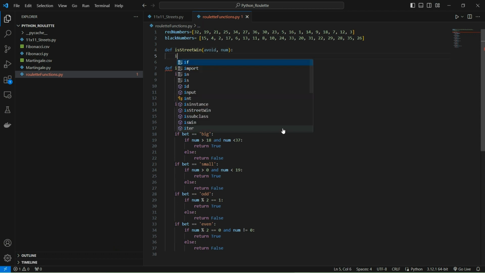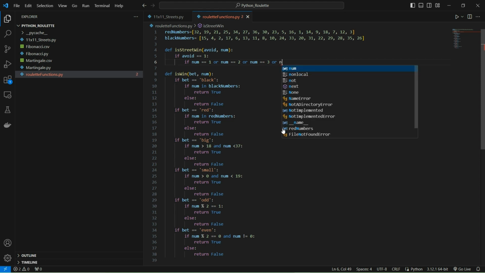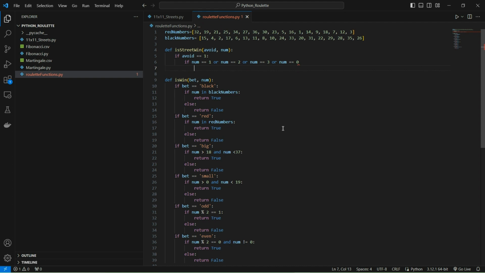And then if I avoid the first street, if avoid is 1, in the first street there are numbers 1, 2 and 3. So if number is equal to 1 or number is equal to 2 or 3, and of course if number is equal to 0, then I will return false.